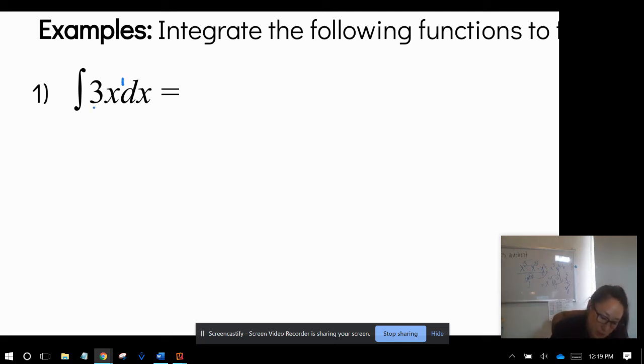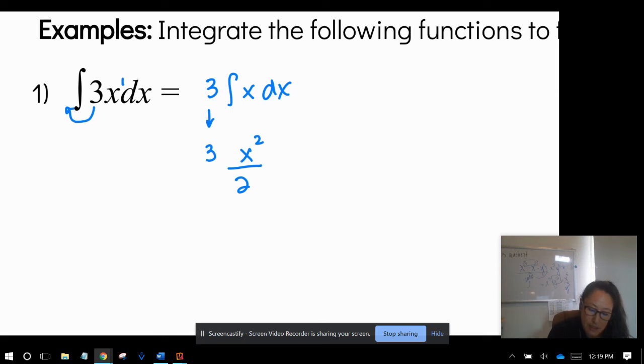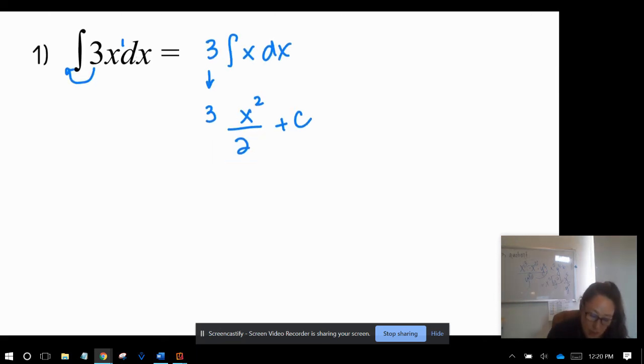I could move this 3 to the outside if I want to write 3 times the integral of x dx. That's totally fine. So let's do it that way. We're going to bring down the 3. We're going to raise the power, so x to the 2nd power. And then remember, you have to divide by that 2nd power, plus c. So I get 3 over 2 x squared plus c.